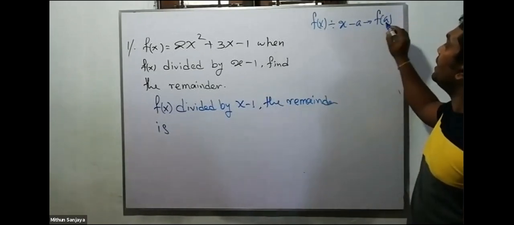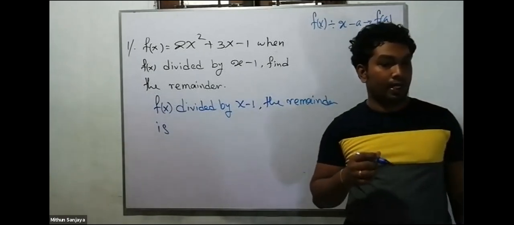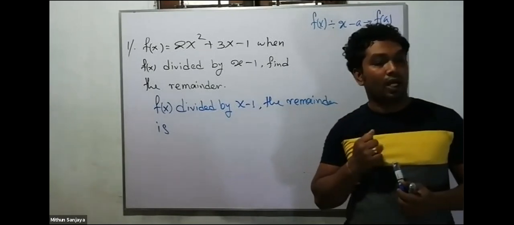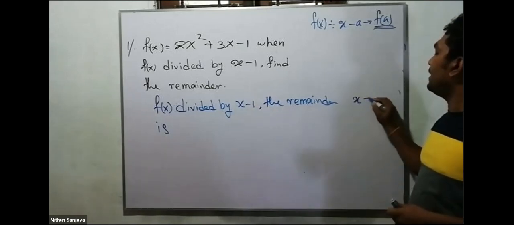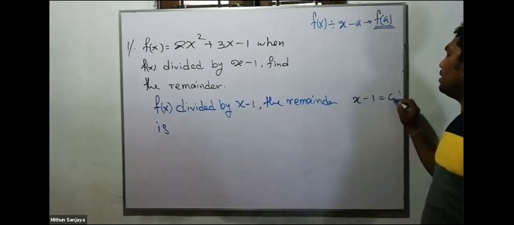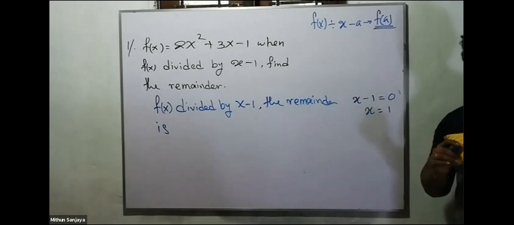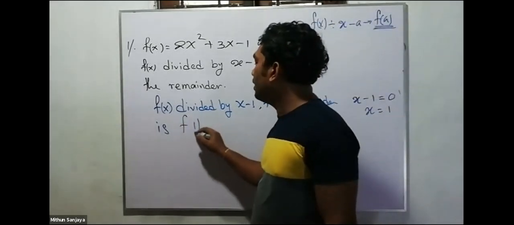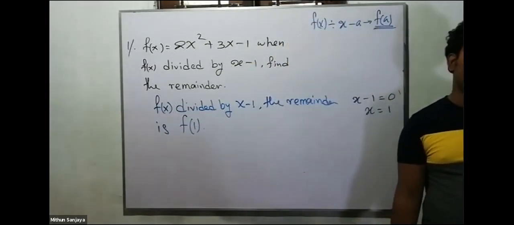By the remainder theorem, we write the remainder is f(a). Now here, what is a? When we take the divisor x minus 1 equal to 0, then x equals 1. Now 1 is not the remainder. f(1) is the remainder.